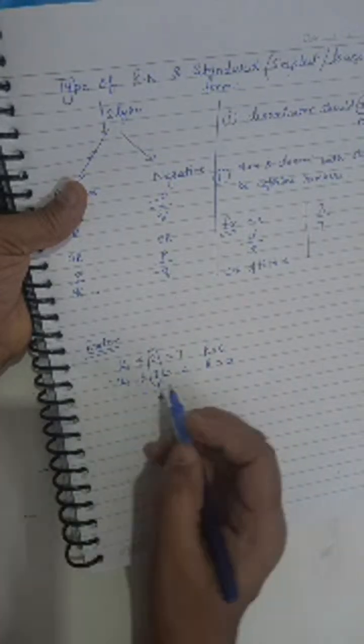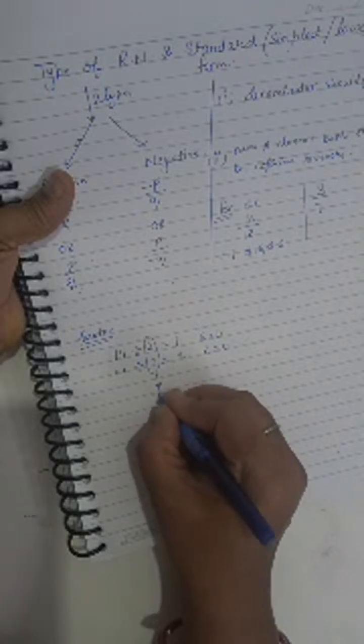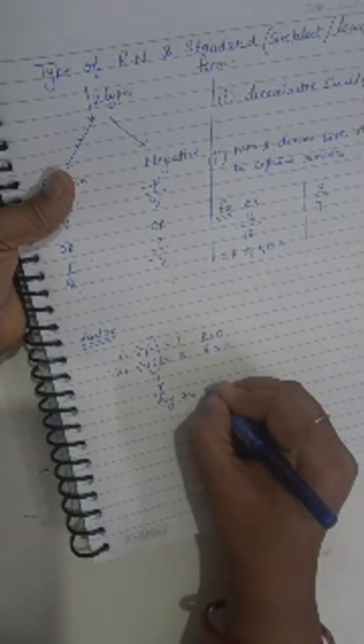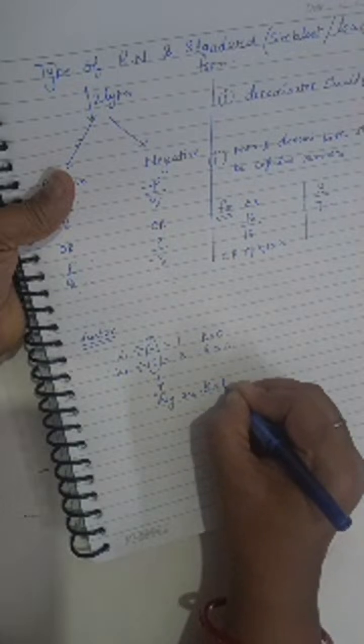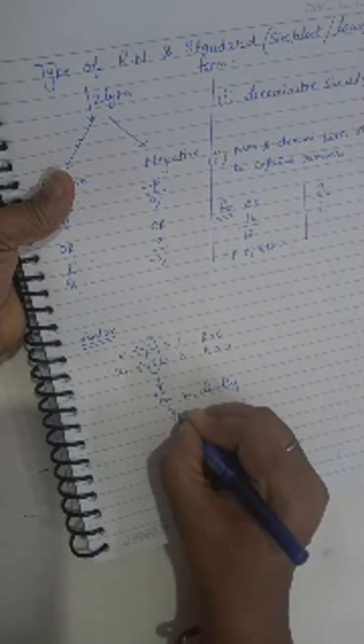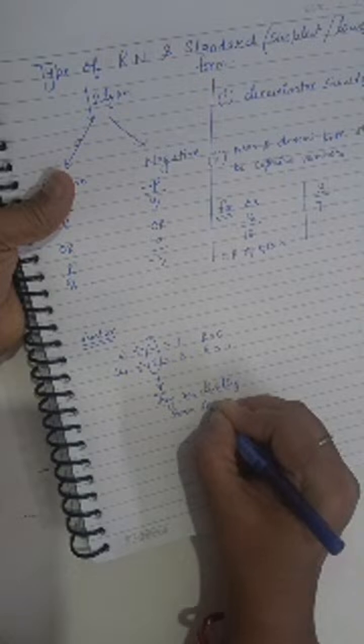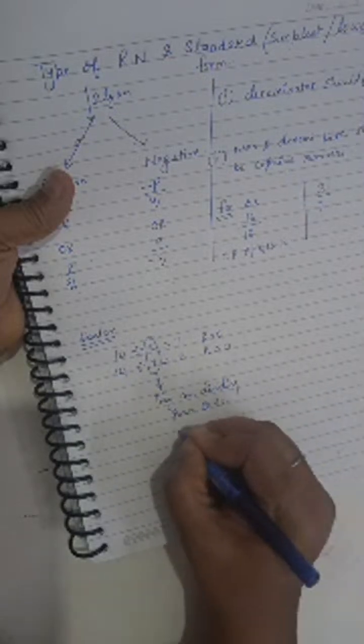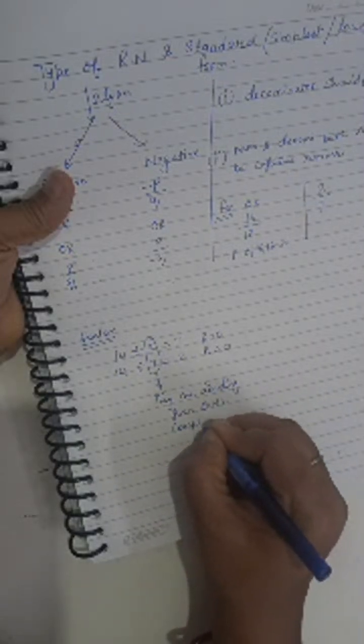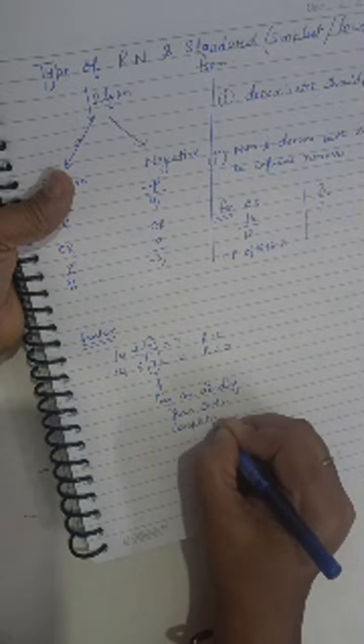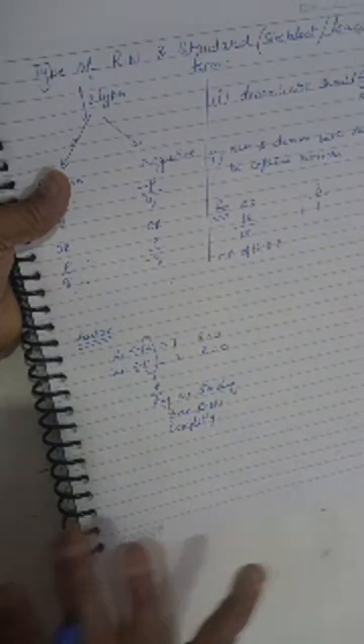What are they doing? They are dividing the given number completely, not leaving any kind of remainder.